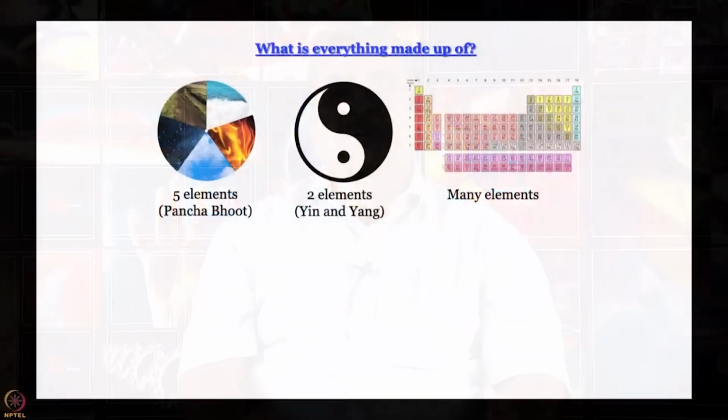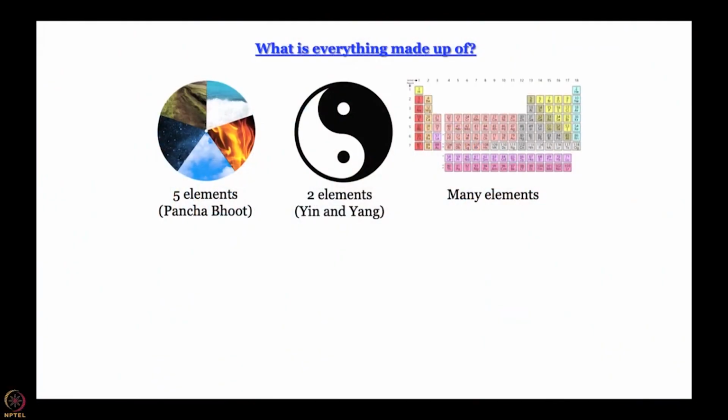There are many substances which are elemental, and they come together to form more complicated compounds that form the basis of chemistry. There are many elements, and at this stage we all know that they can be arranged in a periodic table, and one can even predict properties of elements by looking at this periodic table. There was a point of time when properties of even undiscovered elements had been predicted using this periodic table.